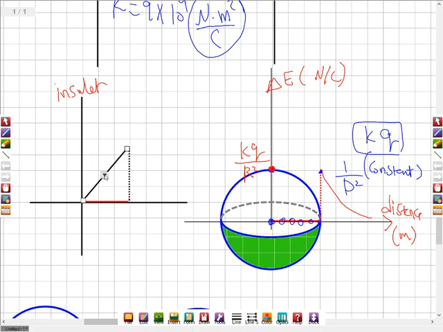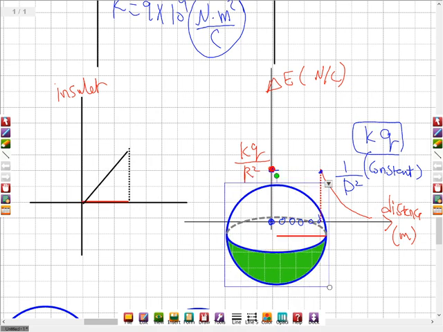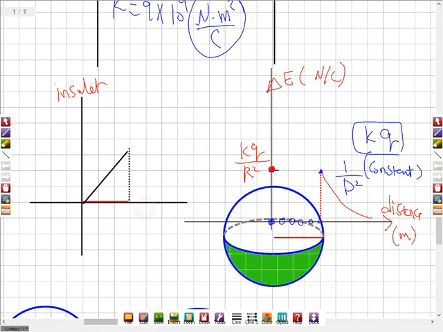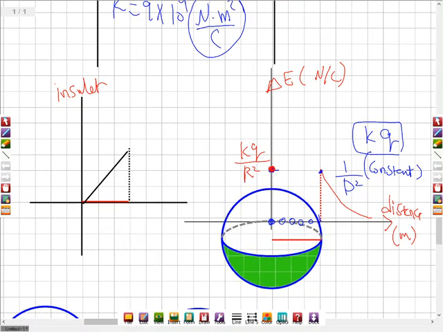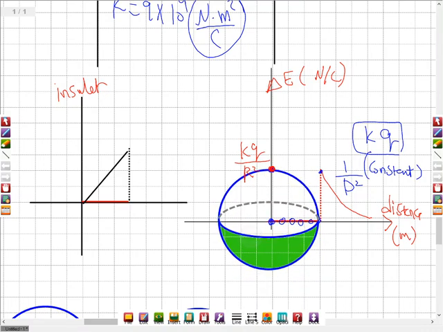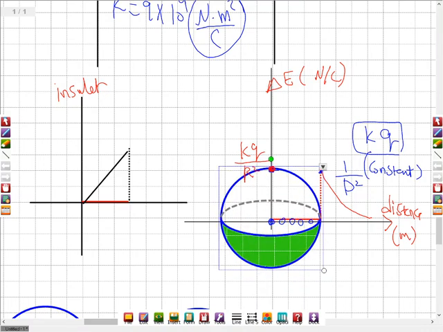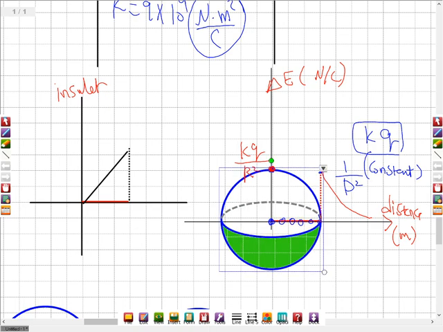The electric field increases to reach the maximum at the radius r.